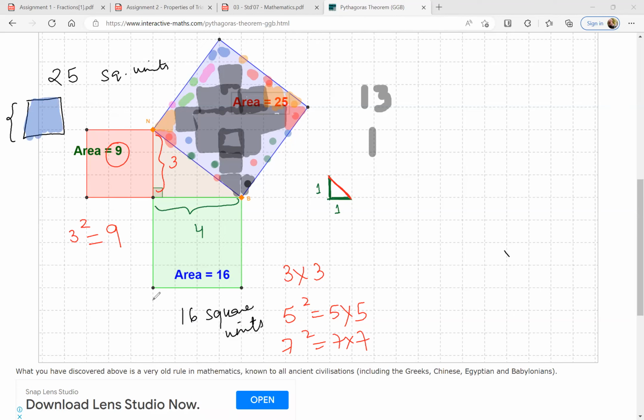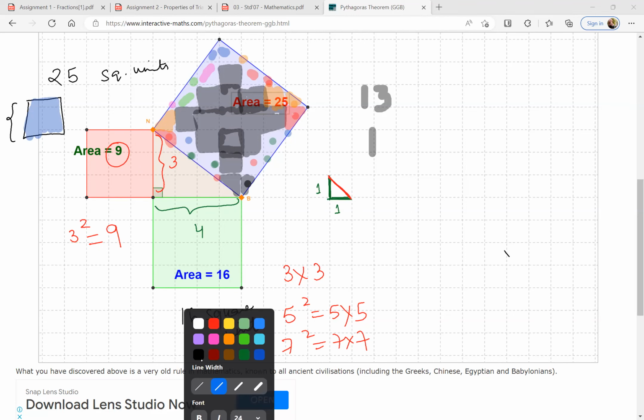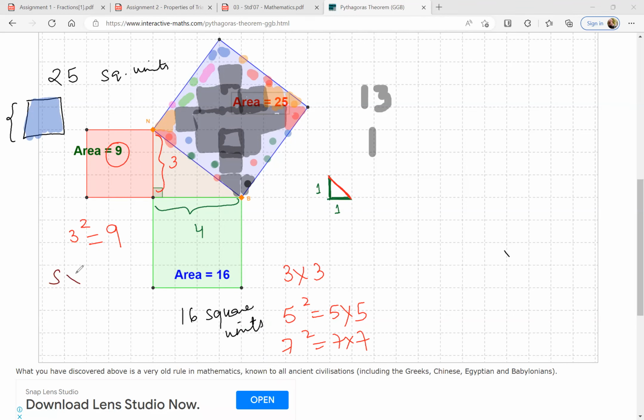No, the area is 25. See here, for example, in the red square, the area is 9, the side is 3, right? What is the relation? Side into side gives you the area. So just think about it: what into what gives you 25? 5 into 5.